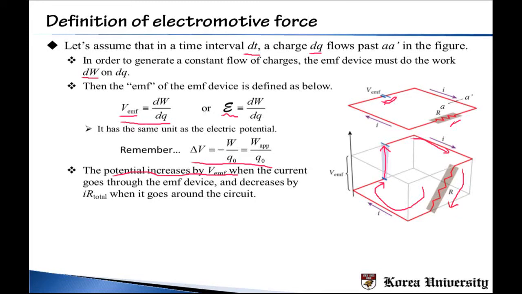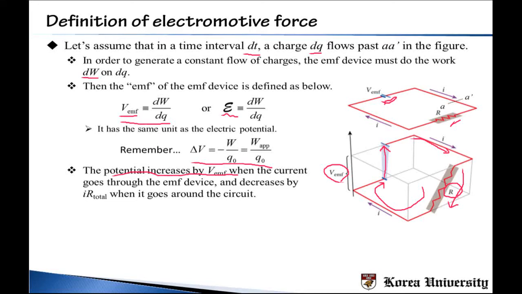How much will it go down? Of course it will go down by IR, or if there are many resistors, then it will go down by I multiplied by the total resistance. And in fact in this case it's going as a circle, so therefore V_EMF in this case must be equal to the current multiplied by the resistance.